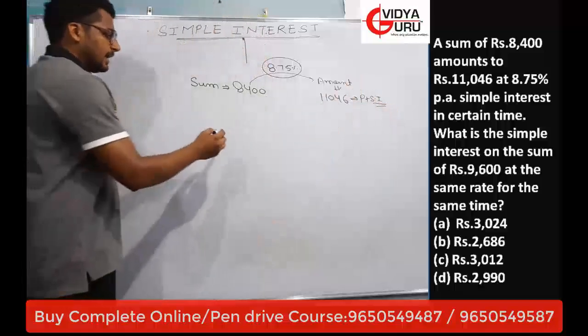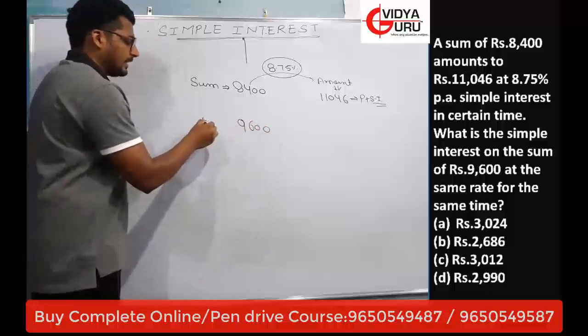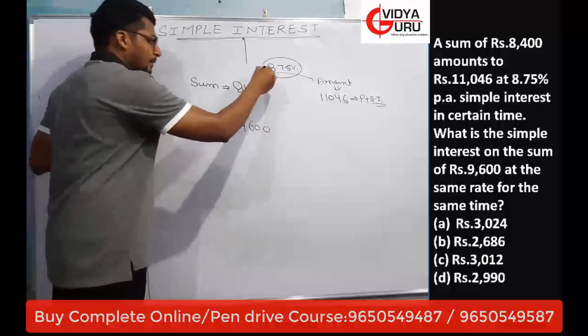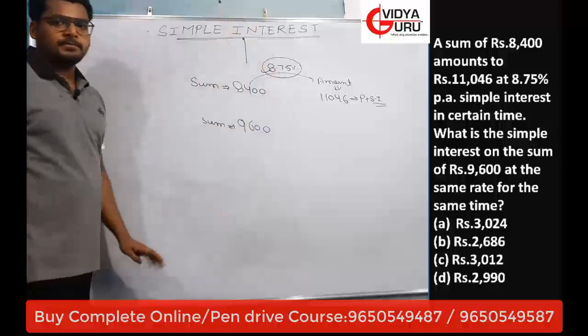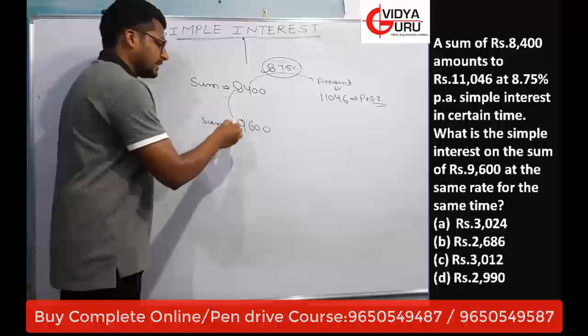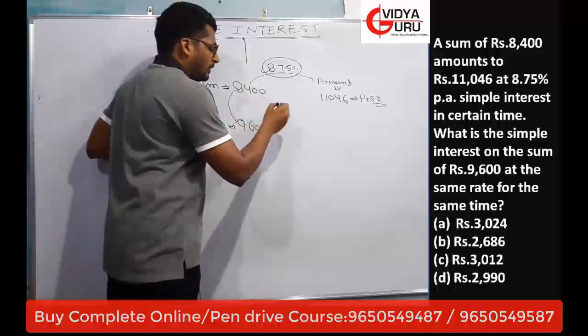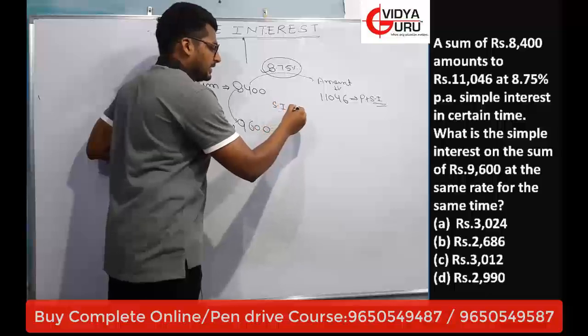Now the question is saying what will be the simple interest on 9600 for the same rate and for the same time. The question is only changing the sum. So we will find out how much simple interest is received here.